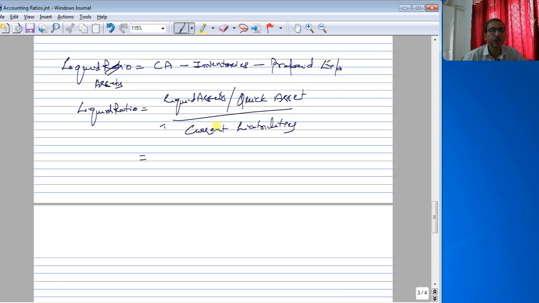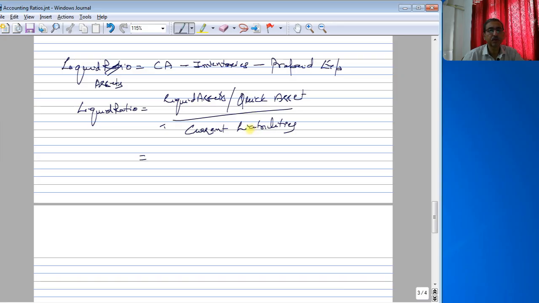Why do we reduce inventories and prepaid expenses? The liquid ratio calculates the ability of an entity to pay its very short-term obligations. We assume that we cannot realize inventories in a very short time. If we want to realize inventories immediately, it is difficult to sell them at an optimum price in the market.